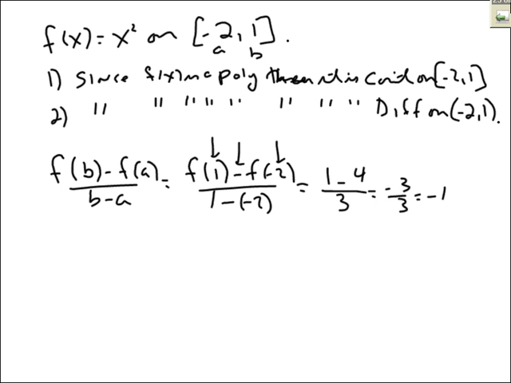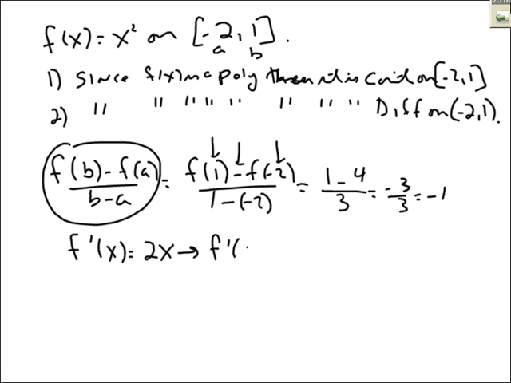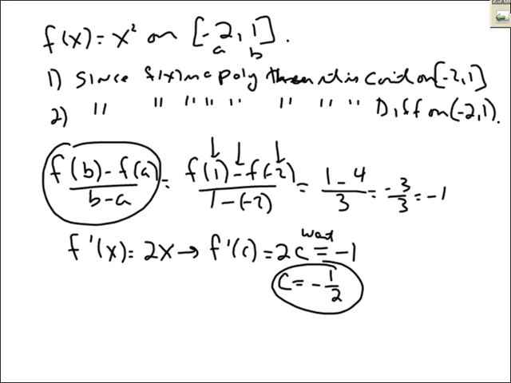I want this to equal f prime of some c value. So f prime of x is equal to 2x, so f prime of c is 2c. And you want this to be -1. So divide by 2, and you get c is -0.5. And you really should verify that -0.5 is in between -2 and 1. And of course it is.